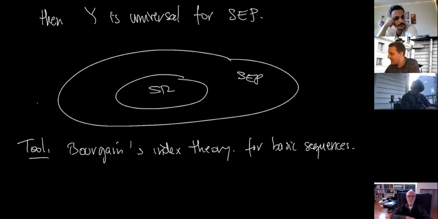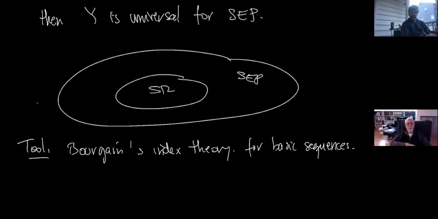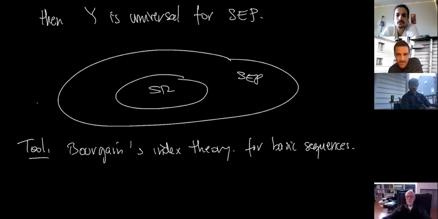So I will explain what is Bourgain's approach, because our work is heavily influenced by Bourgain's index theory, and our idea was, okay, how can we make sense of this in a nonlinear setting?